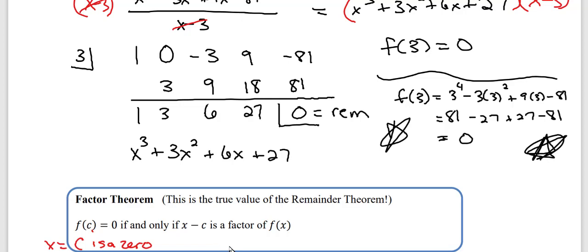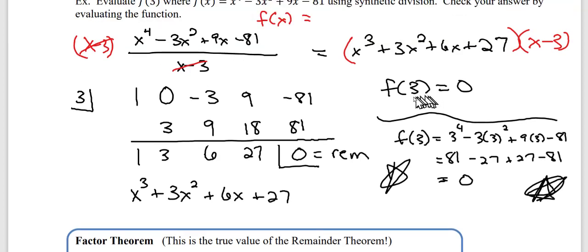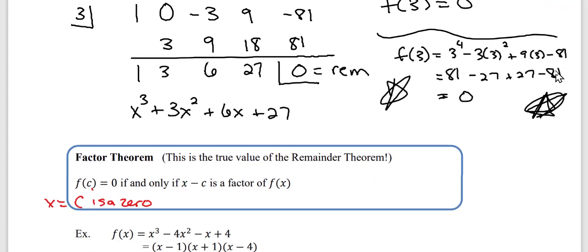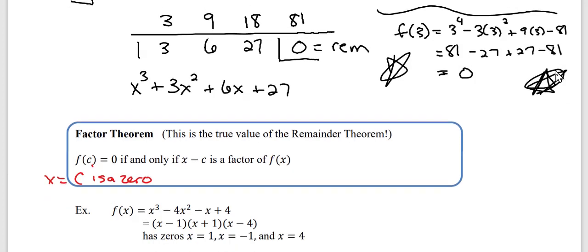So kind of working through the idea that if f of c equals 0, then we get that remainder equal to 0. If the remainder is equal to 0, then it becomes a factor. And so the value here is that once we know x minus c is a factor, we know c is a 0, and vice versa. So we can work the other way.